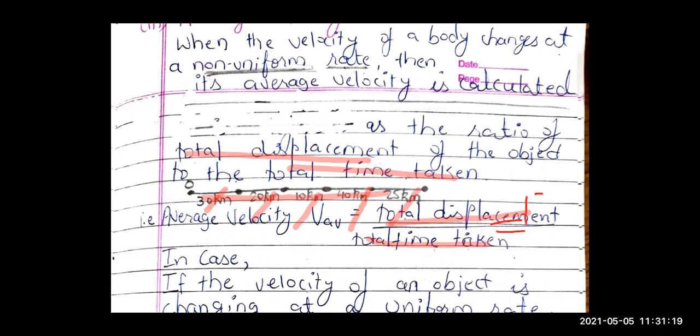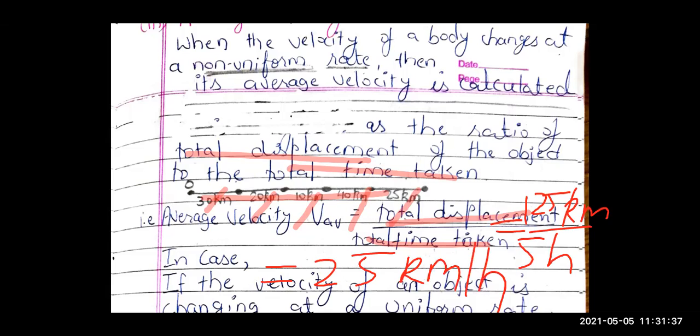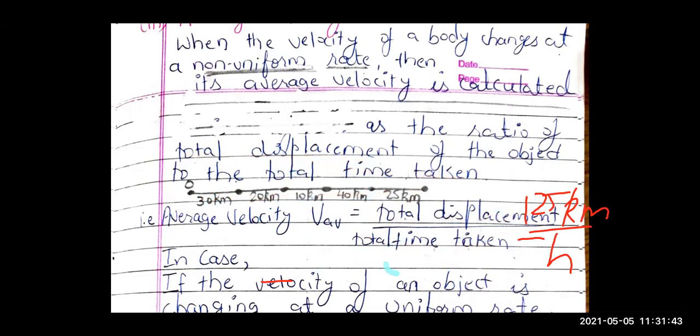So total displacement is 125 kilometers and total time is 5 hours. So my average velocity will come out to be 25 kilometer per hour. This is the formula for average velocity when the velocity is changing by a non-uniform rate, right?